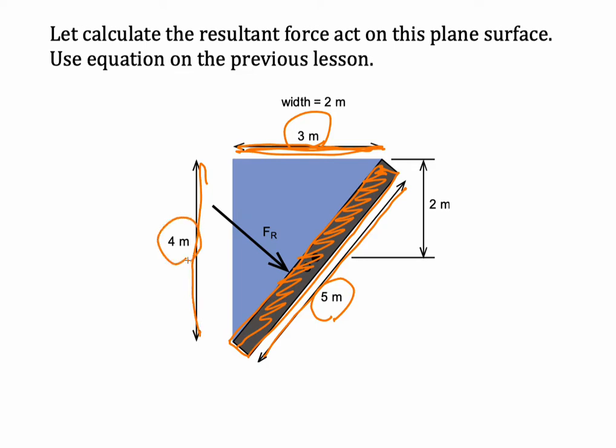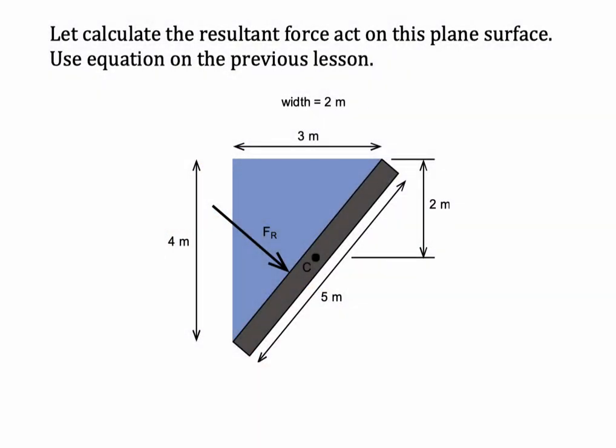Then we mark the centroid here. This is the centroid for the plate. To calculate the HC later on, it is 4 divided by 2, so we draw a 2 meter depth here. Let's say this plate has a width of 2 meters.